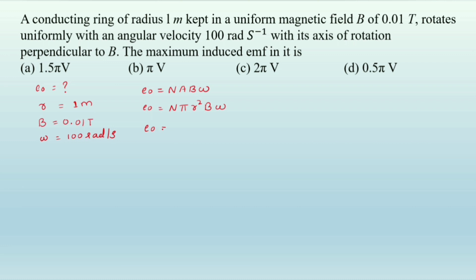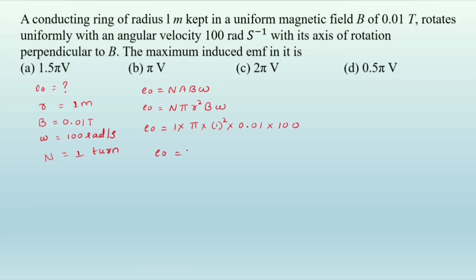See here, a conducting ring means the number of turns is equal to 1, that is, it is having only one turn. So E0 equal to 1 into pi into radius 1 square, magnetic field is 0.01 and omega is 100.